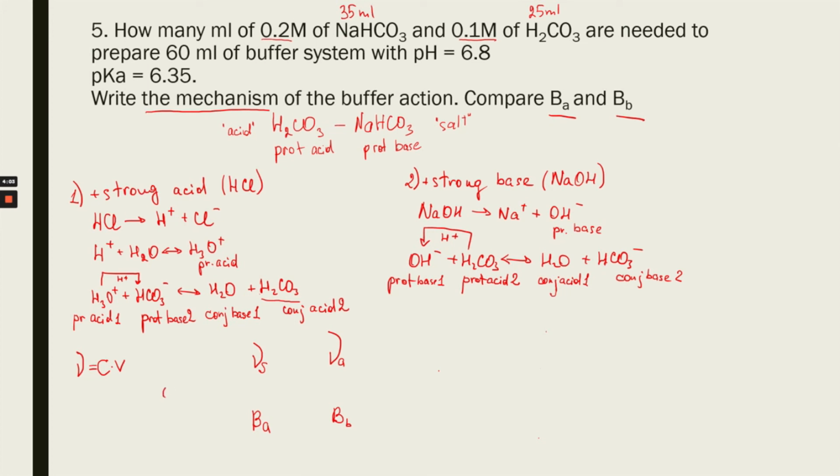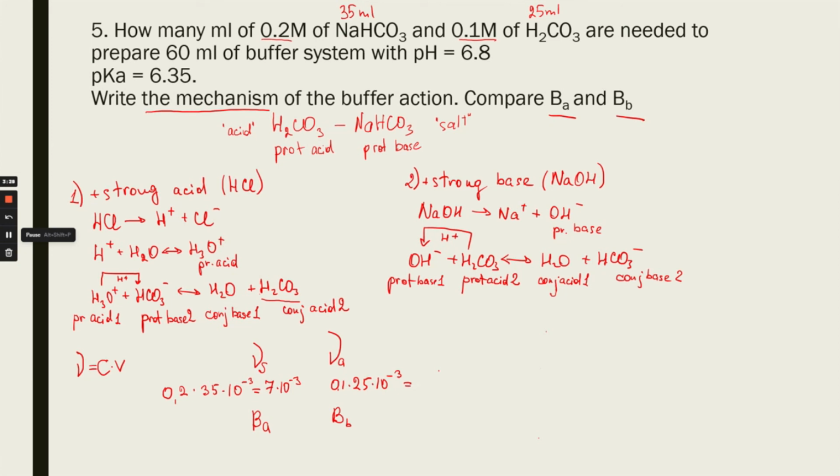Okay, so for salt we have 35 milliliters and 0.2 molar concentration. So 0.2 multiplied 35 multiplied 10 power negative 3. This is a conversion to liters, and we got 7 multiplied 10 power minus 3. And for acid we will take 0.1 multiplied 25 milliliters. So here I put 10 power negative 3.